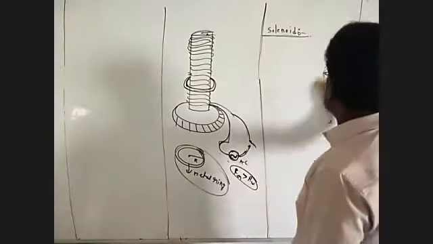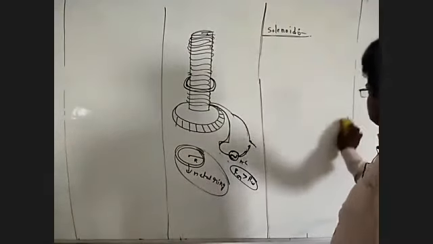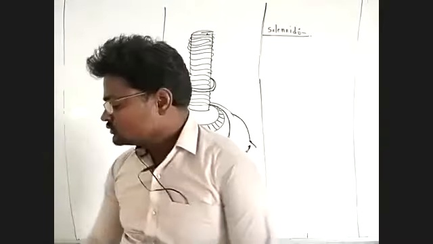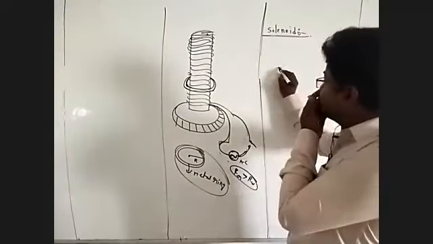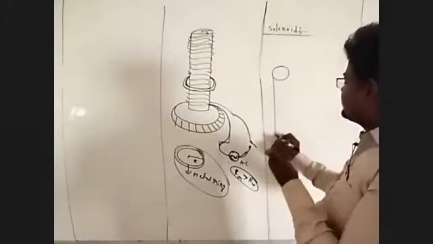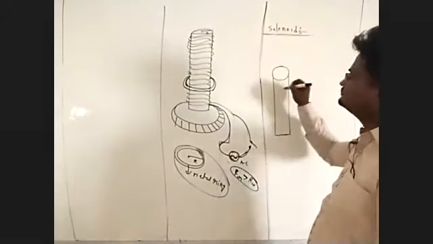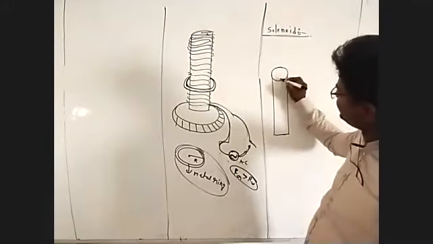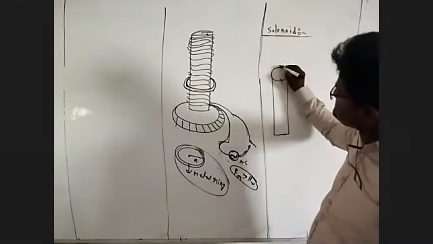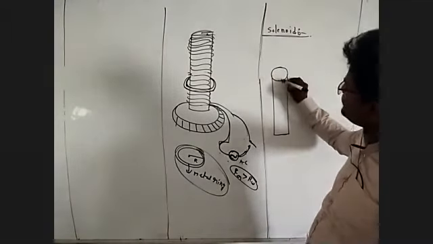Now, do you know two rings? You take the two rings. Suppose this is the upper ring. This upper ring carries a current in, suppose, a clockwise direction.